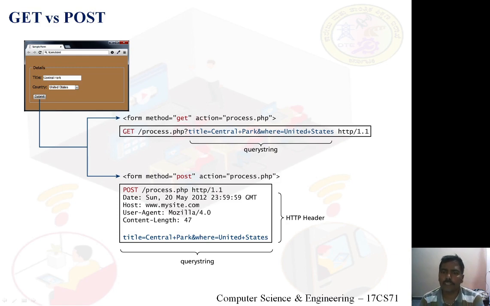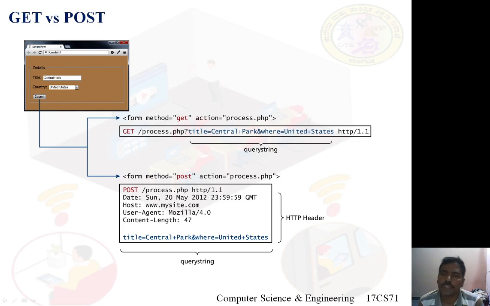Now have a look at the first box. The first rectangular box shown starts with get. Here I said on submission the request will be sent to whom? The query string will be sent to the server, that is process.php. But the method I have used here is get. So what get does is it appends the query string to the server script name in the URL, that is process.php question mark.